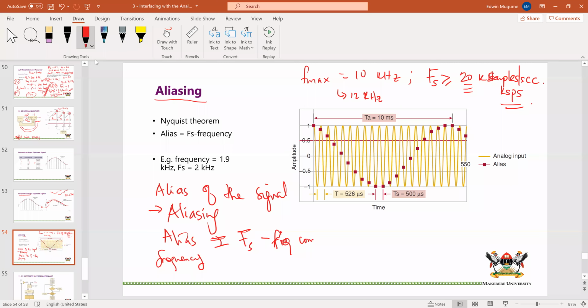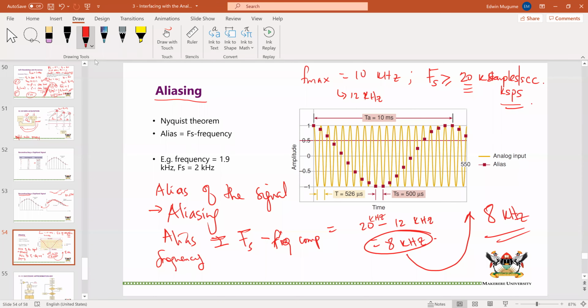In this case, it would be 20 minus 12 kilohertz, which is 8 kilohertz. The sampler will not ignore the signal. The digital sampler does not know that there is a signal above 10 kilohertz, so it will sample, there is going to be a mixing of those signals, and you're going to end up with a component at 8 kilohertz that was not there.